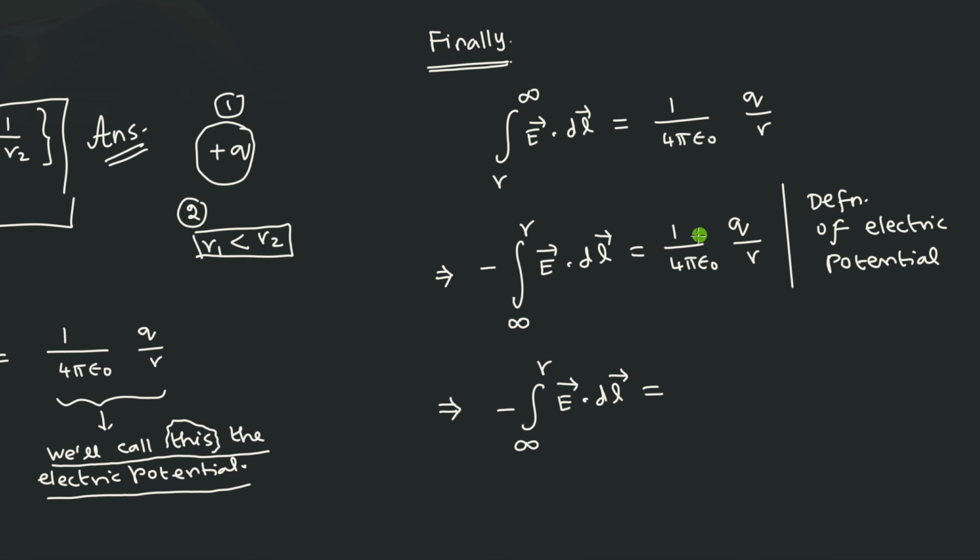Now instead of writing 1 divided by 4 pi and all these things, since we are going to say that this is electric potential, the symbol for the electric potential is V. Therefore, let it be V. And the electric potential will be a function of r, because r is there here. Therefore, it is a function of r, but only the magnitude is enough. So let me put a box here. So this is the final definition that we are going to use.